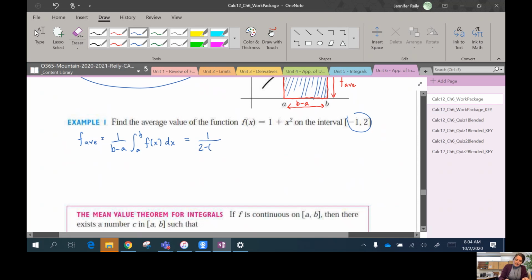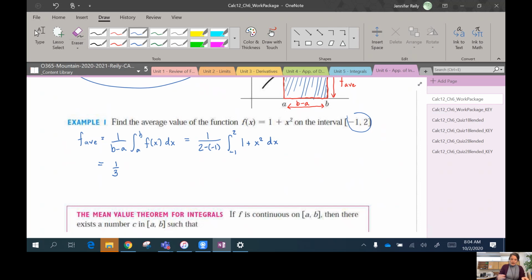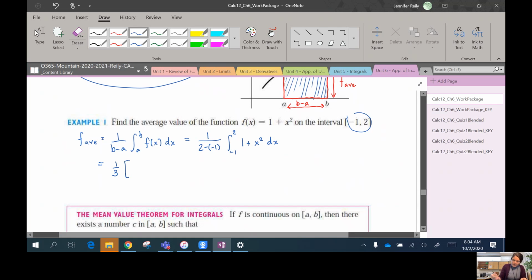So it'd be 2 minus -1, and I'm going from -1 to 2, 1 plus x squared dx. Let's start a new line. So 2 minus -1 is 3. So the width of the interval is 3. And I'm going to do the antiderivative here. So we have x plus 1/3 x cubed evaluated at 2 and -1.